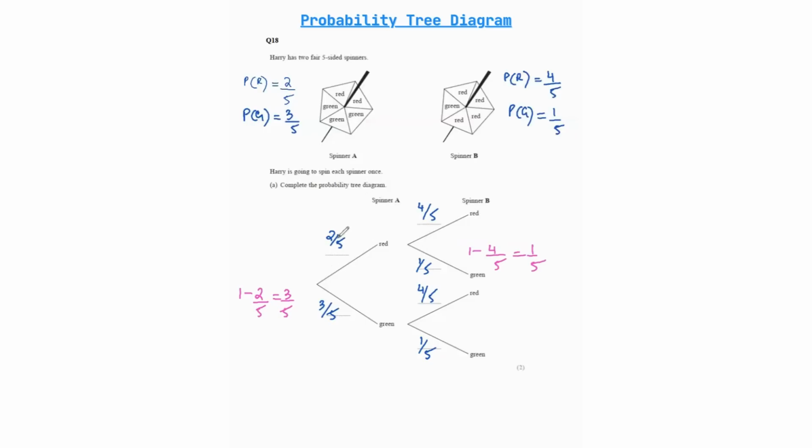So you times 2 over 5 with 1 over 5, or, which means plus, you do 3 over 5 times 1 over 5. So once again, along the branches, you times the probability. Across the branches, you add the probabilities.